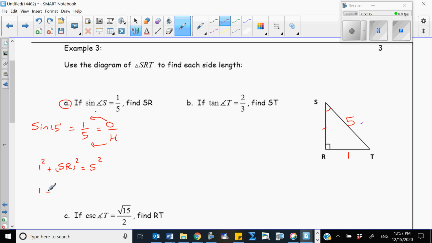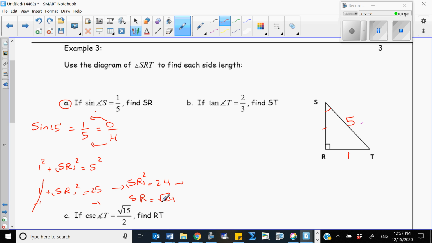So it's 1 plus SR squared equal to 25. Then I subtract 1 from both sides, and SR squared is equal to 24. Then SR will be square root of 24.